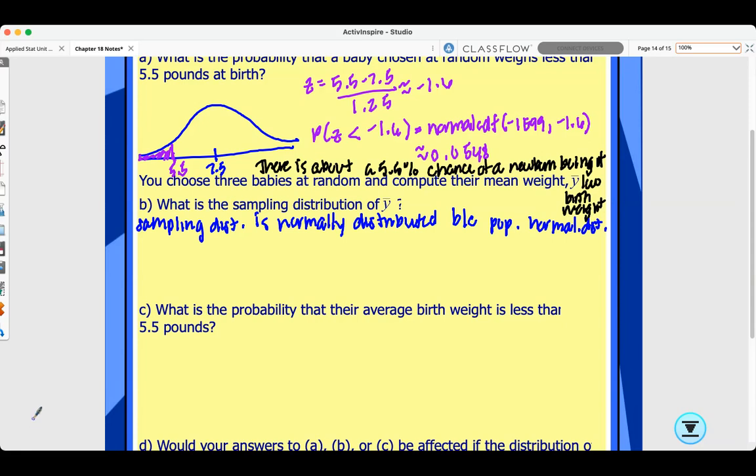The babies were chosen randomly, and there are more than 30 babies in the US, so our sample size of 3 is less than 10% of all babies.